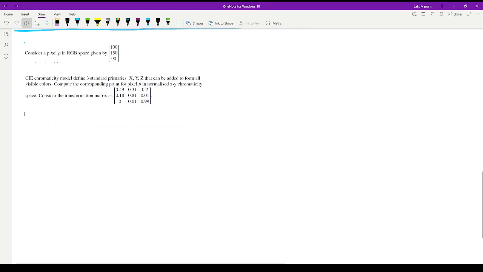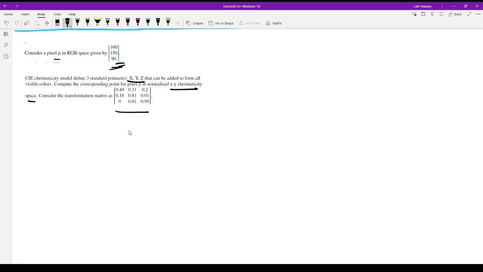We are given the same RGB value out here, but then we have the CIE chromaticity model, which is a model which can define all the visible colors that we humans can perceive. We need to find the corresponding X, Y, and Z for the pixel P, given by this RGB color in normalized xy chromaticity space, and we are given the transformation matrix as this.